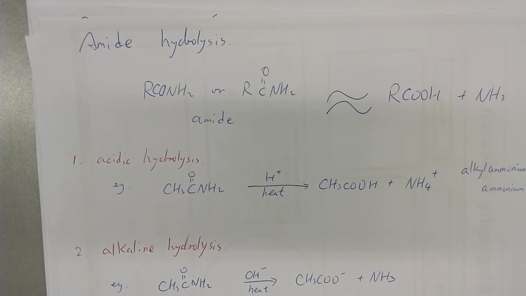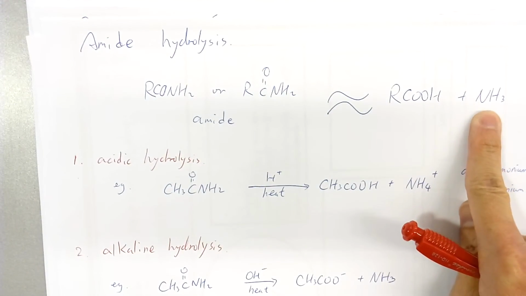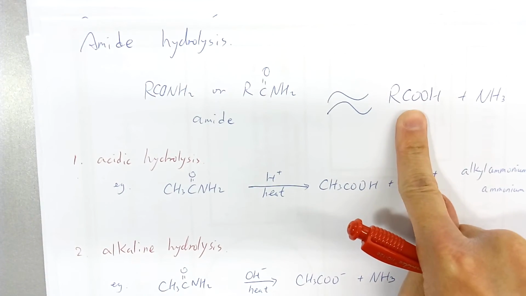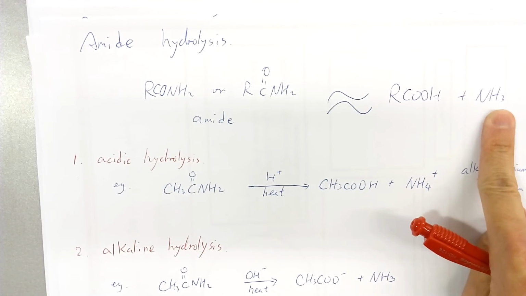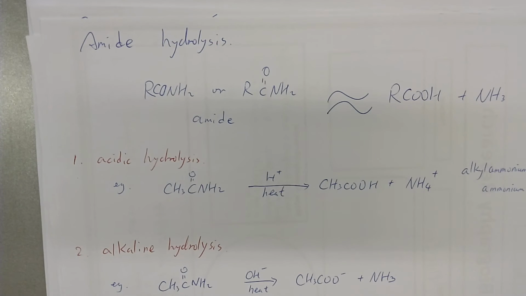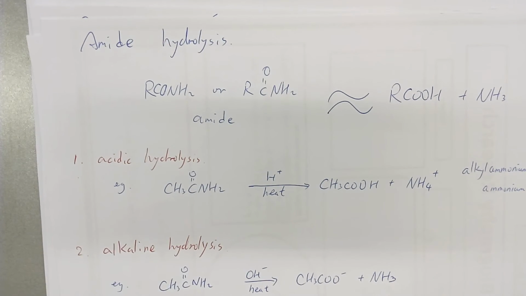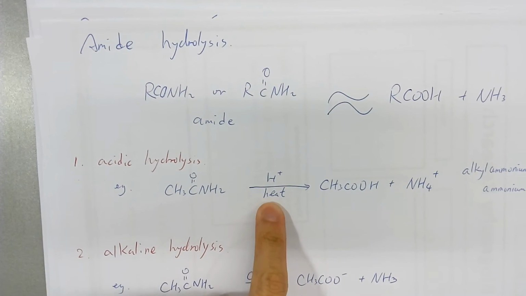Now, the different point is, you can see here, we have carboxylic acid and ammonia, but if you think carefully, this one is acid and this one is base or alkaline, so they should not appear at the same time, right? So take this as an example, amide under acidic environment, okay?